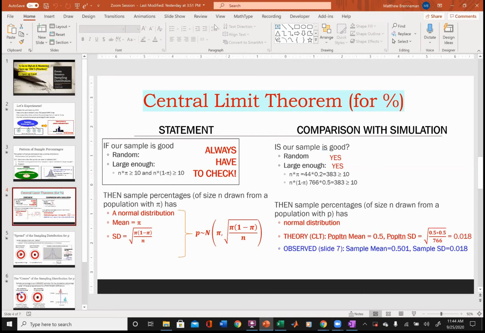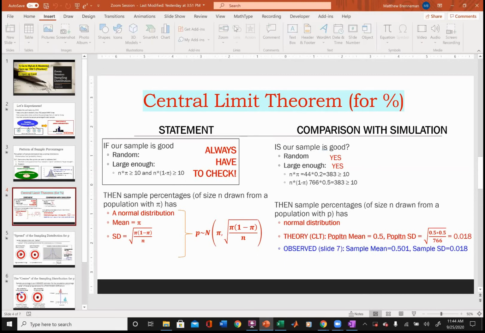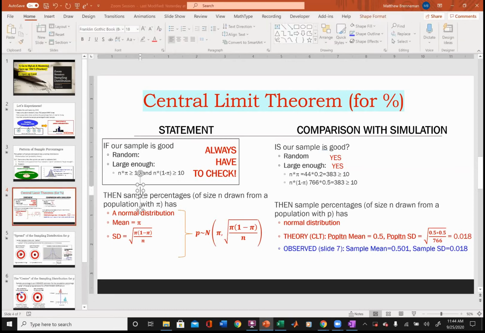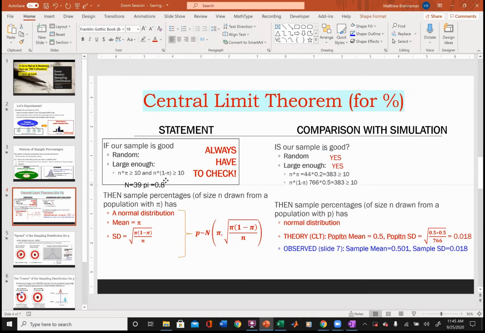So if I was to do this in my problem, my n is 39 and my pi is 0.8. What I need to check here is that n times pi is greater than or equal to 10. So this is roughly 40 times 0.8, so that's 32. That part's okay.